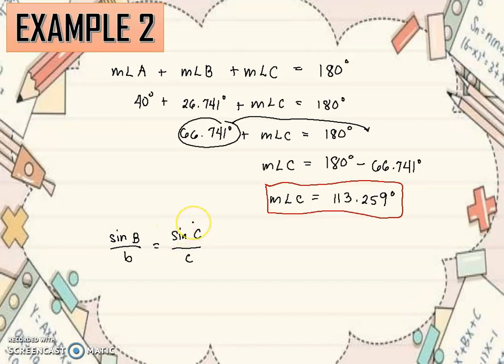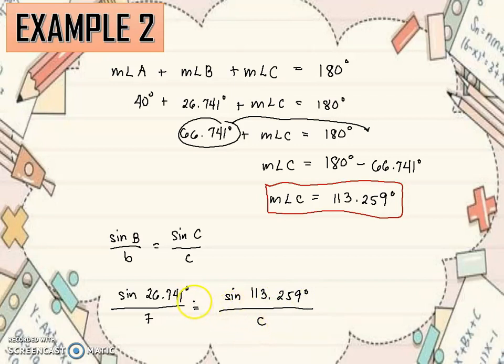Yes, you can also do that, class, and we will still arrive at the same answer. So sine B, our B is 26.741 degrees over 7, and our angle C, which we already solved, is sine 113.259 degrees over side C, which is what we are looking for.